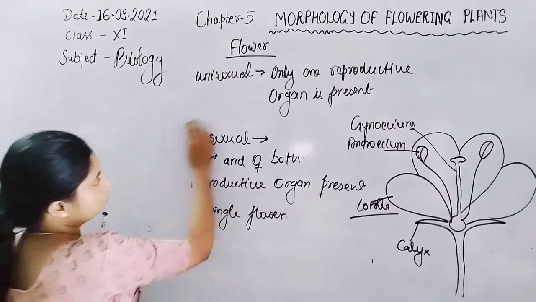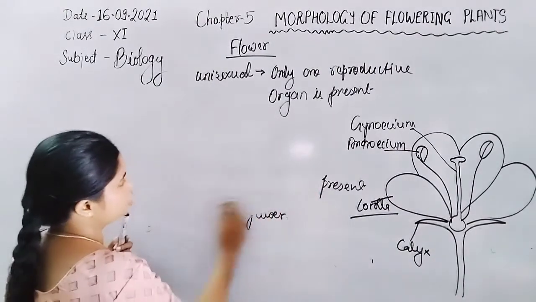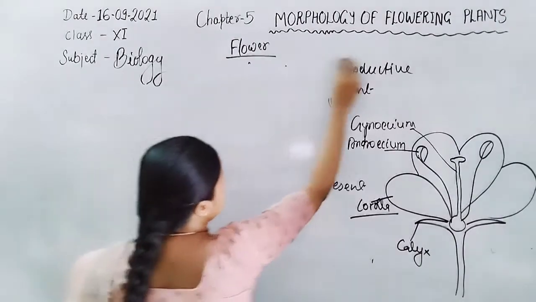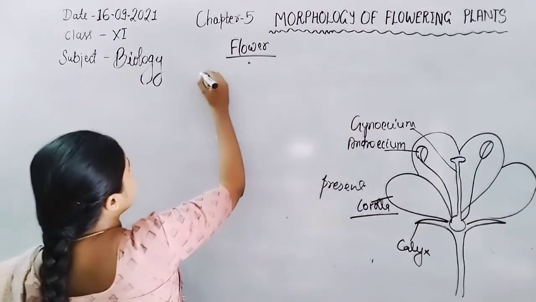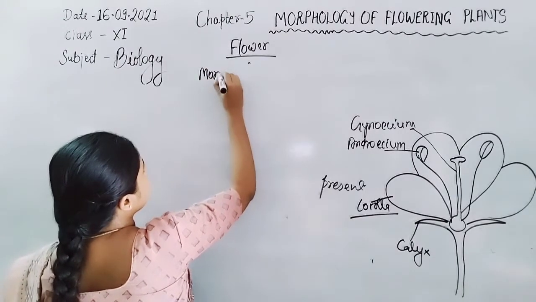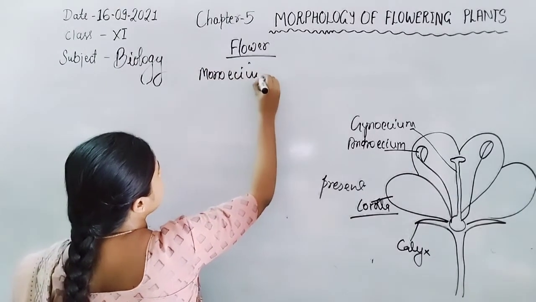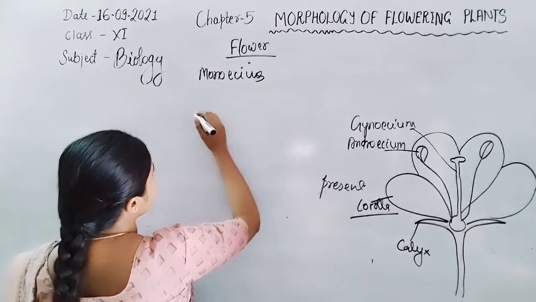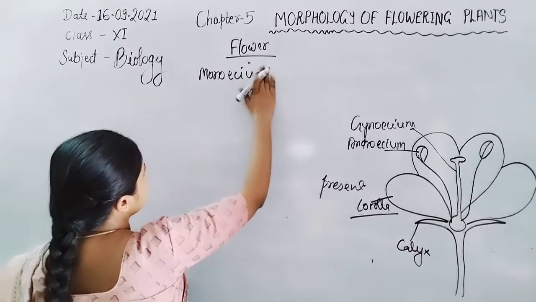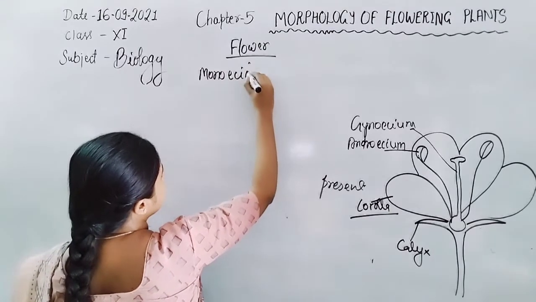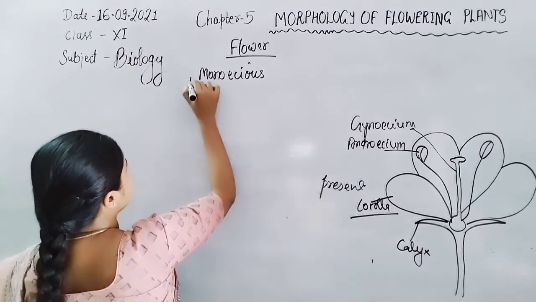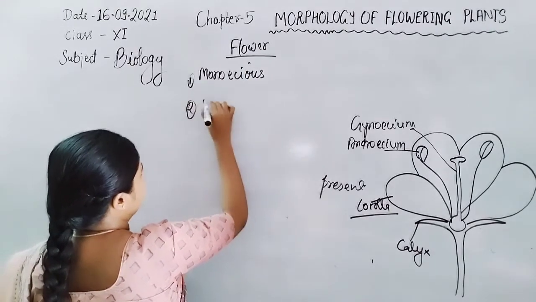Now monoecious and dioecious type of plant.